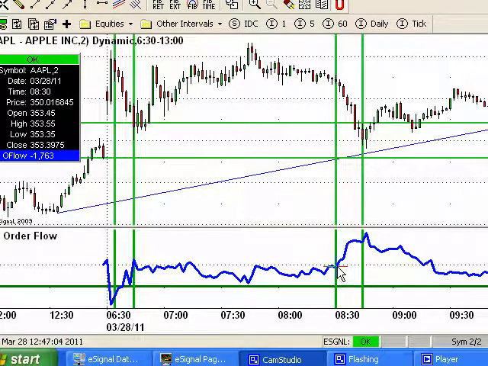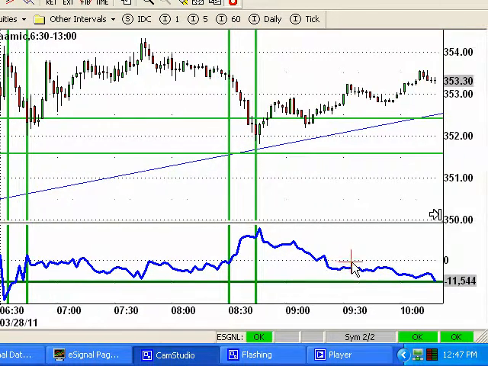But if you were to run a correlation coefficient between the two, between the indicator and the stock price of Apple, you'd see pretty significant decorrelation. And when you see that persist for about 15 minutes in front of support, that's what you're looking for. And vice versa for resistance.